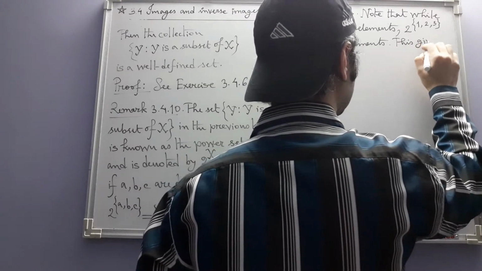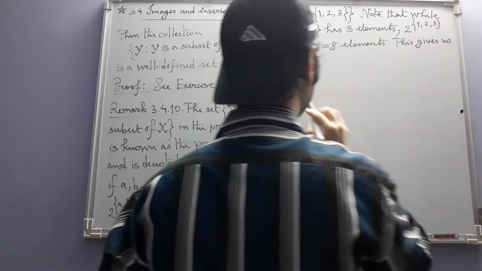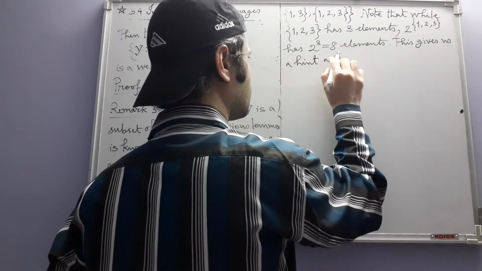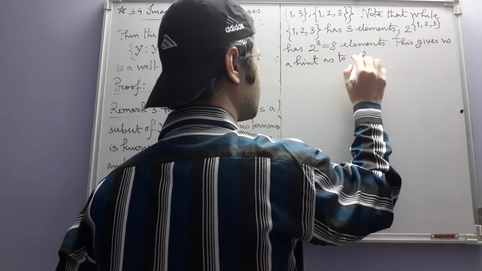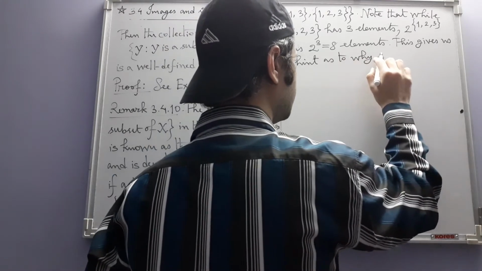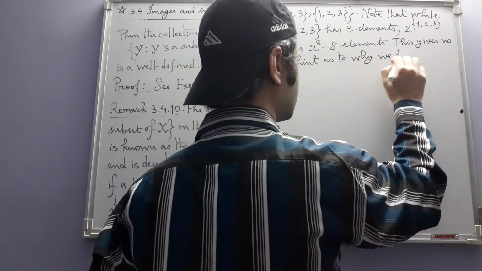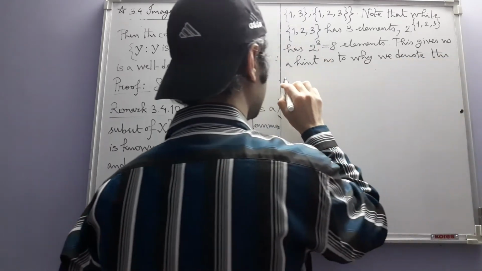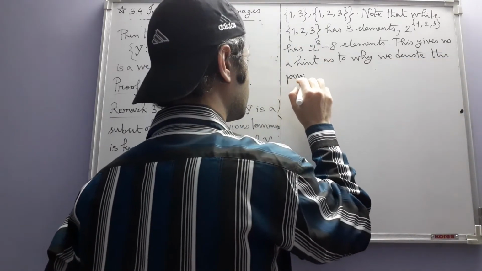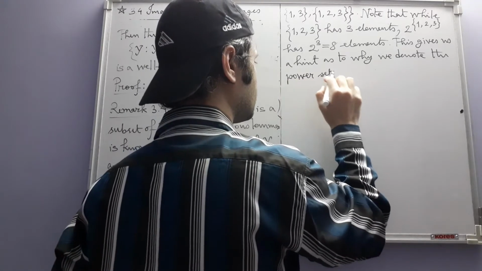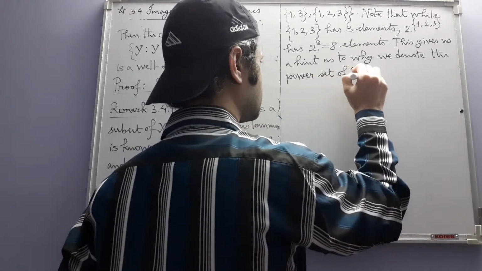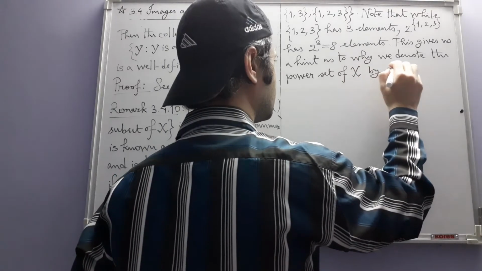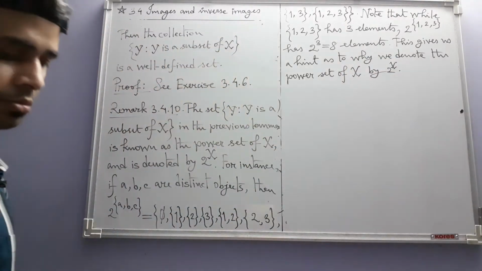This gives us a hint as to why we denote the power set of x by this notation, 2 to the power x.